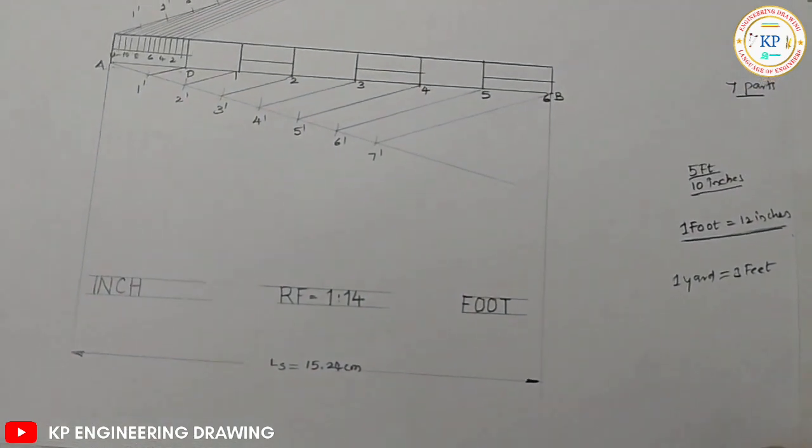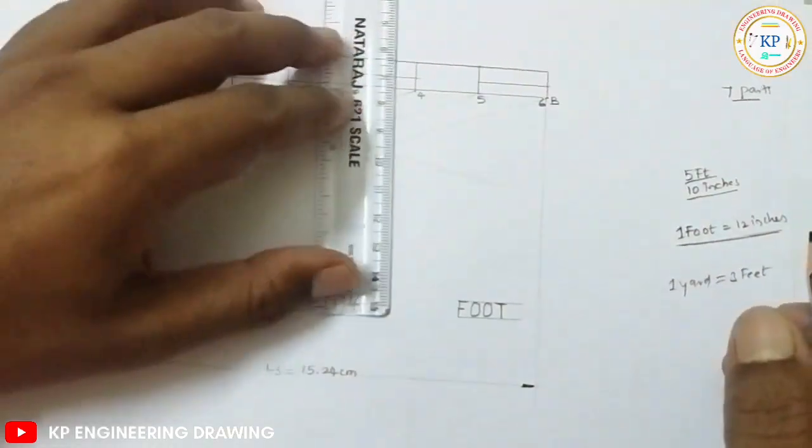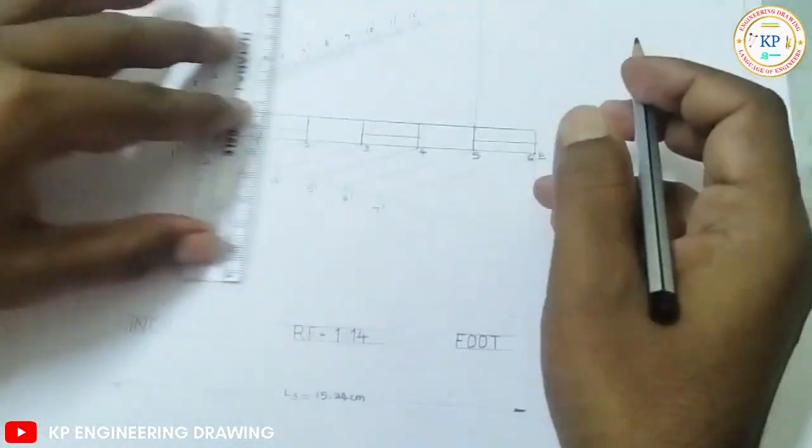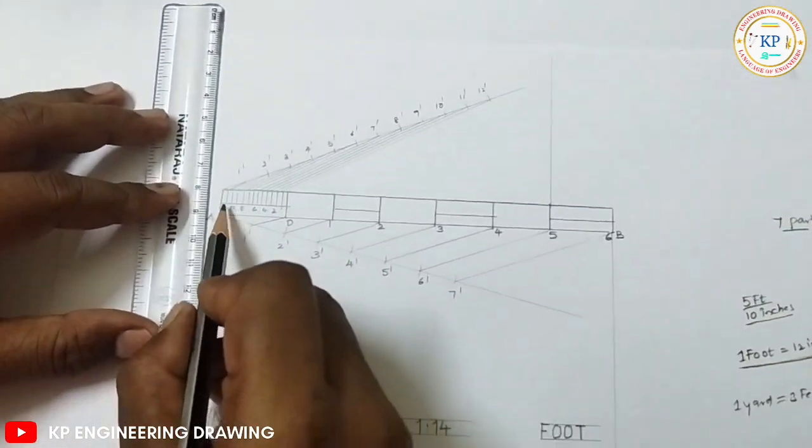Okay, now you have to mark a distance of 5 feet 10 inches. So 5 feet is here and 10 inches: 10, 11, 12.